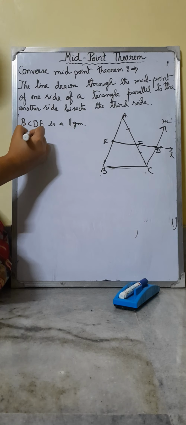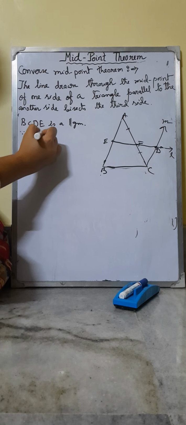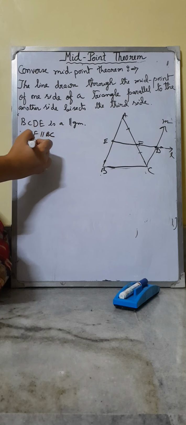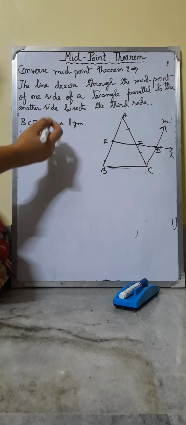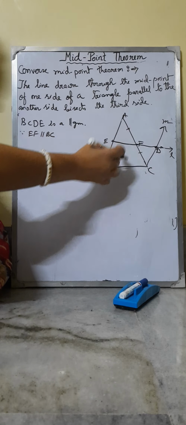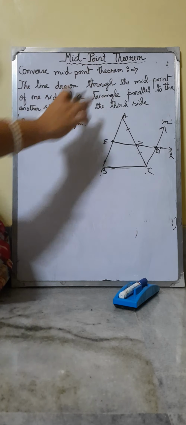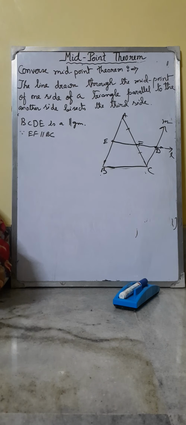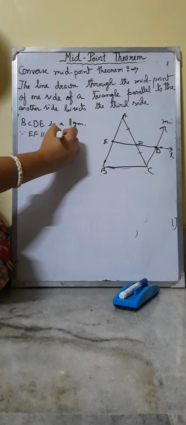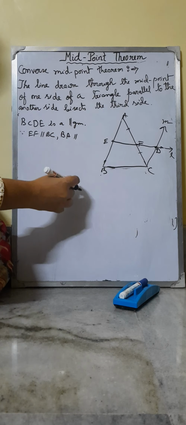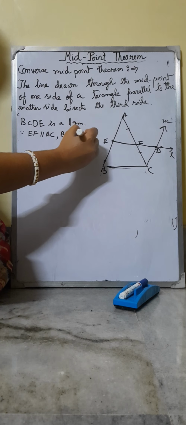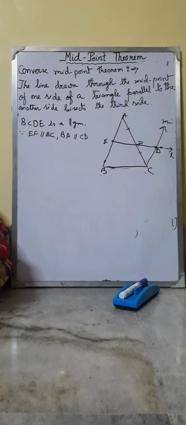Because EF is parallel to BC, which is given because we drew the line parallel to BC according to the theorem, and BA is also parallel to CD. So we can say that BCDE is a parallelogram.